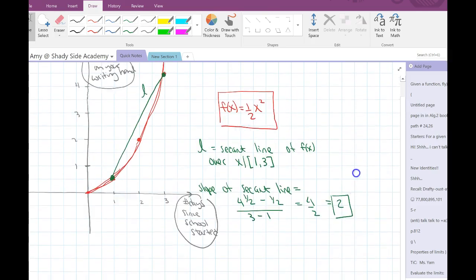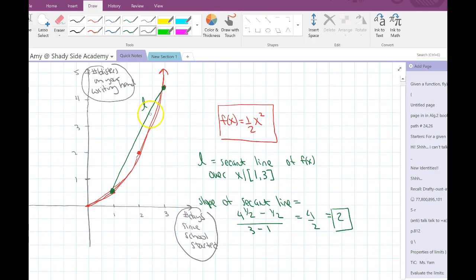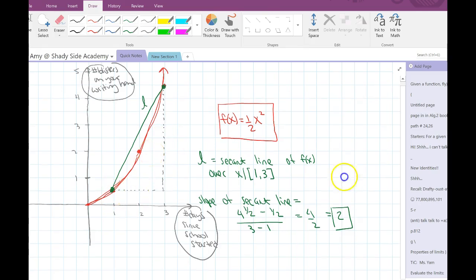The slope of this secant line is over the interval of x from 1 to 3, rise over run from x equals 1 to x equals 3.